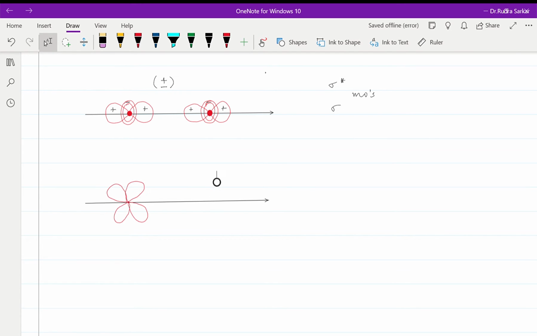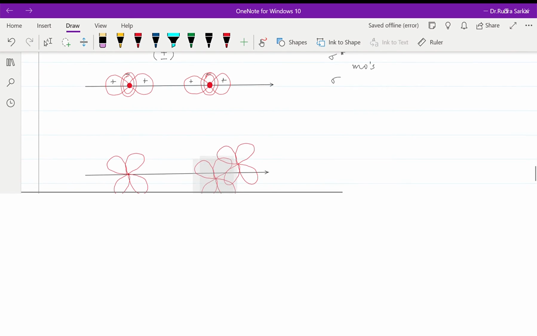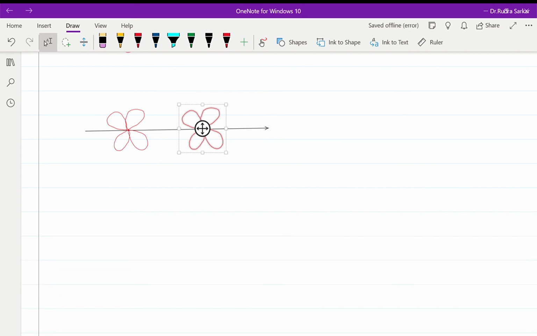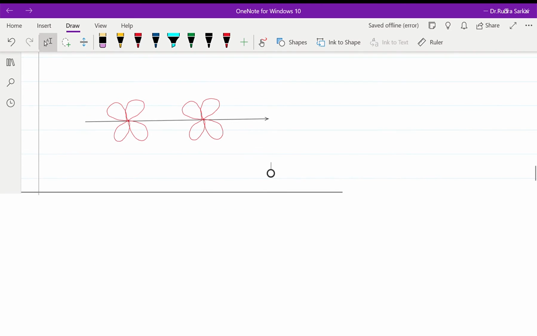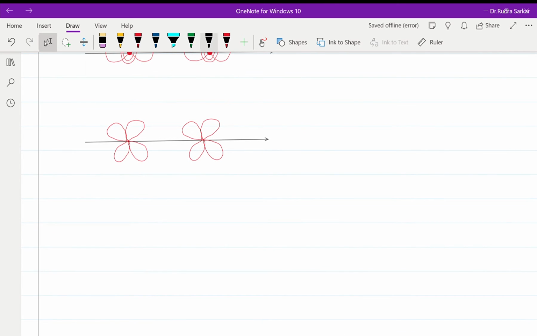Okay, now we have exactly two similar type of orbitals combining. And if I'm calling this dxy, I'm calling this dxy, and this one also I'm calling dxy.